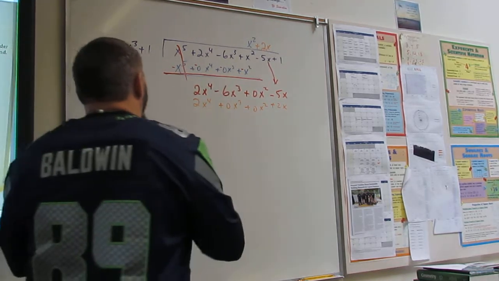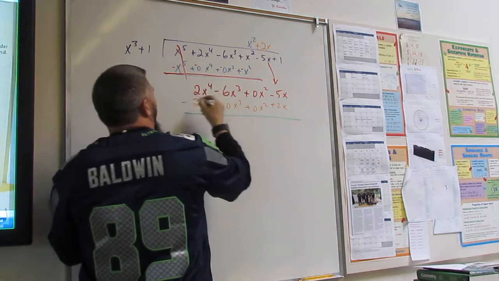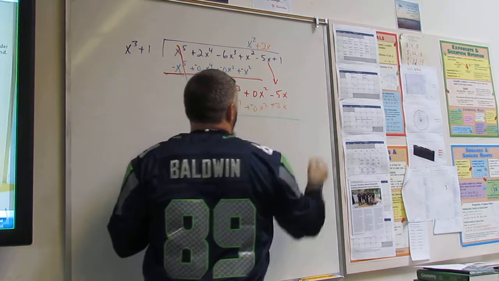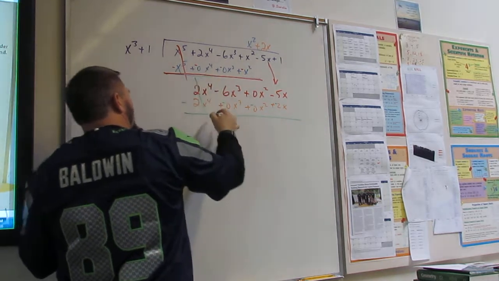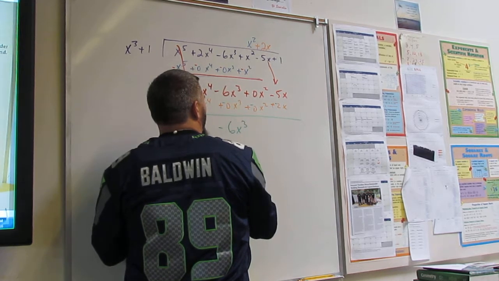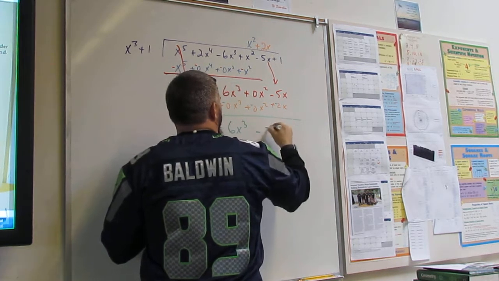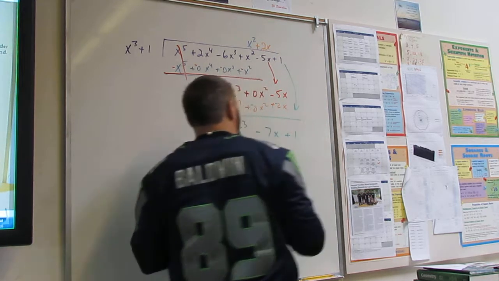Okay, and then we're going to draw the line and change the signs. Negative 6x cubed, minus 7x, and then we bring down this last plus 1, right?